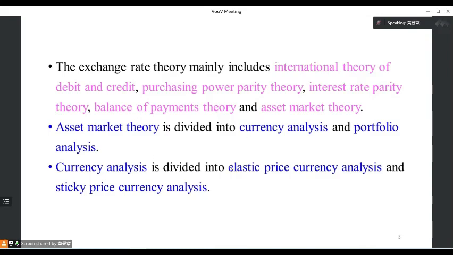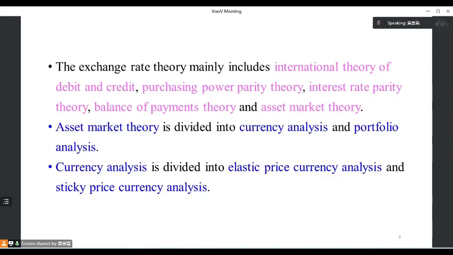This page tells us that exchange rate theory is mainly divided into 5 parts. And in this part of PPT, it gives us an explanation. What's the meaning of asset market theory?